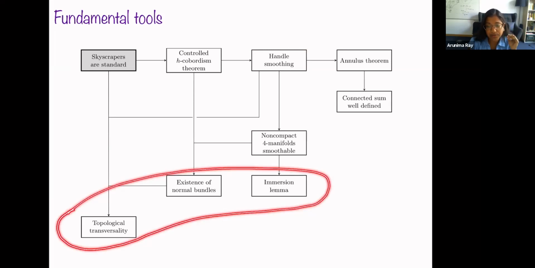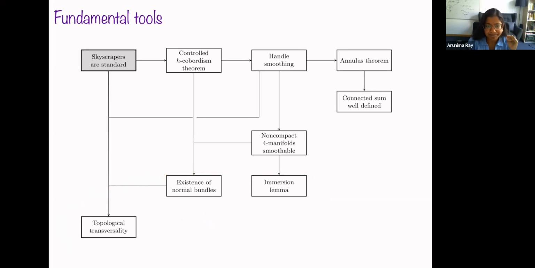Once we had these three fundamental tools, it turned out that some of our results that seemed to require the smooth category didn't actually need it. One thing I don't think I stressed very much yesterday, so I want to do it today: this result is work of Freedman, like I said. That's the key insight that goes into the Disc Embedding Theorem. So that's very central to this. And then this non-compact Disc Embedding theorem of Frank Quinn really leads to everything else.